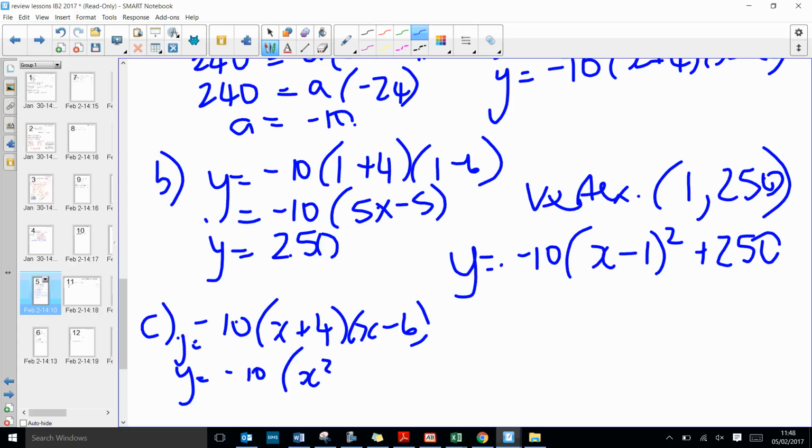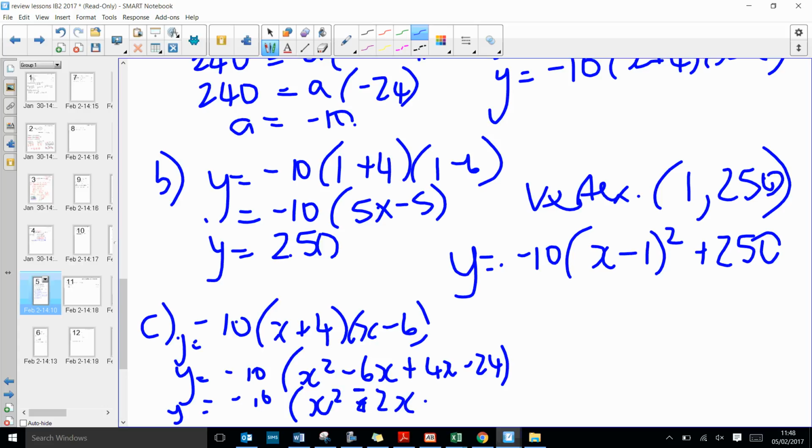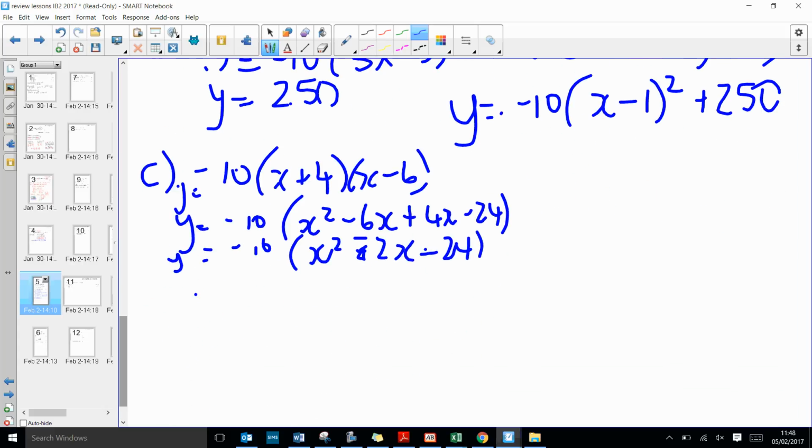So we've got x squared minus 6x plus 4x minus 24. Simplify that, sorry, x squared minus 2x minus 24. And expand that out to negative 10x squared plus 20x plus 240.